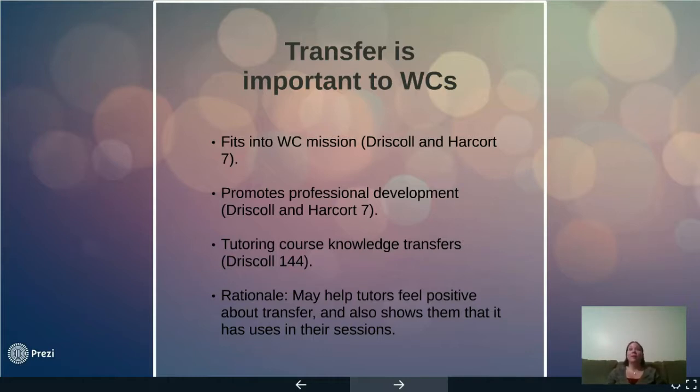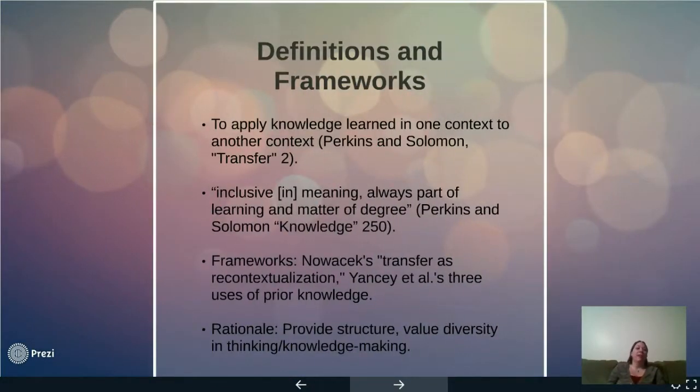Driscoll specifically notes that metacognition, interpersonal skills, and writing skills all transfer to various contexts. And I think this is the most important because tutors might not even know that transfer is important to writing centers. This might also help build a positive sentiment towards transfer, again showing them that it has use within a writing center.